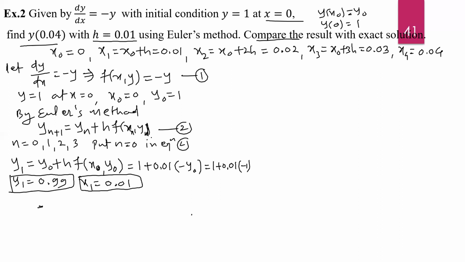Now put n equal to 1 here. That is, y suffix 2 is equal to y1 plus h times the function. Here I directly write the function, which is minus y. So here y1 is 0.99, plus h which is 0.01, and minus y1, 0.99.